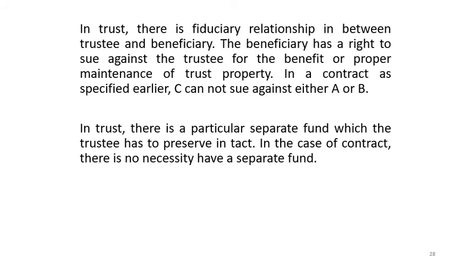In a contract, as specified earlier, C cannot sue against either A or B, in the earlier example that we have seen, because C is not a party to the contract. In trust, there is a particular separate fund which the trustee has to preserve intact. In the case of contract, there is no necessity to have a separate fund.